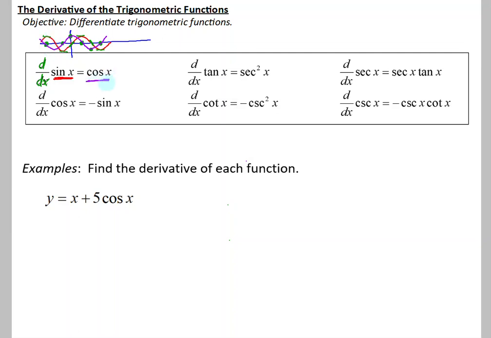That's right, cosine of x. So we can think about it all about slope. Ultimately, though, we need to memorize these derivatives.